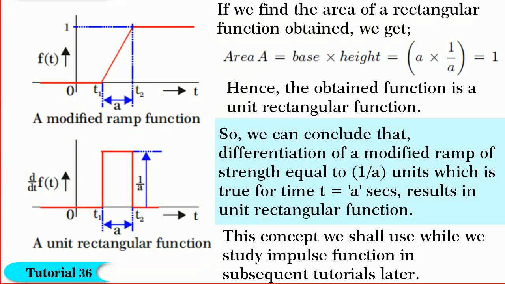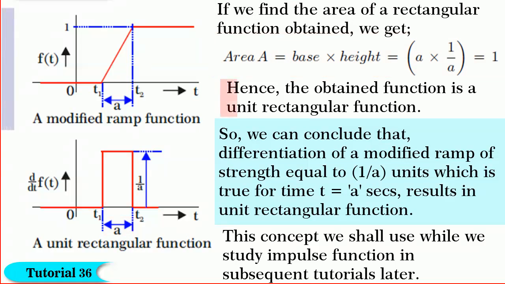If you find the area of this rectangular function enclosed along the time axis, we get area A = base into height. Base is a units and height is 1/a units. So, area A = 1/a × a, which will give us 1 unit.